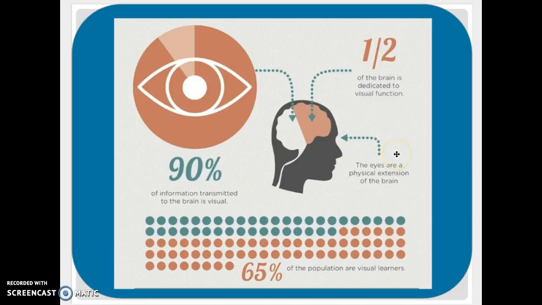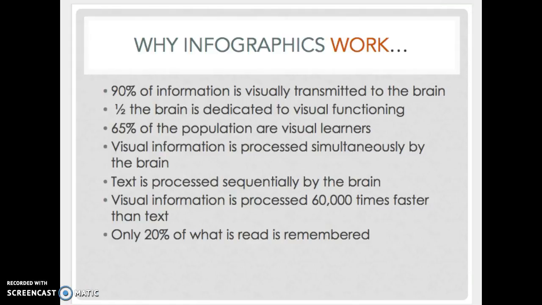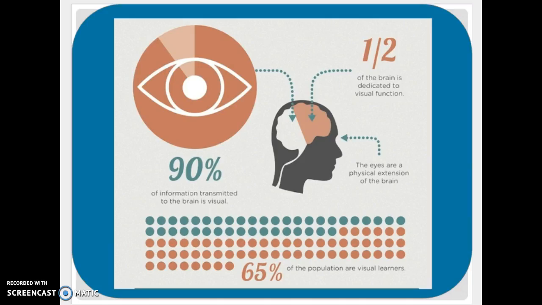Also, an image is pointing to the eyes that says the eyes are the physical extension of the brain. And down below, we have an image that's representing 65% of the population being visual learners. So when looking back at that original slide with lots of text, I can now look at the infographic which has visual representation of that text.